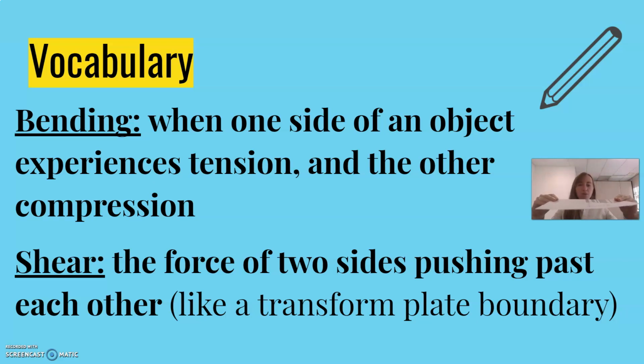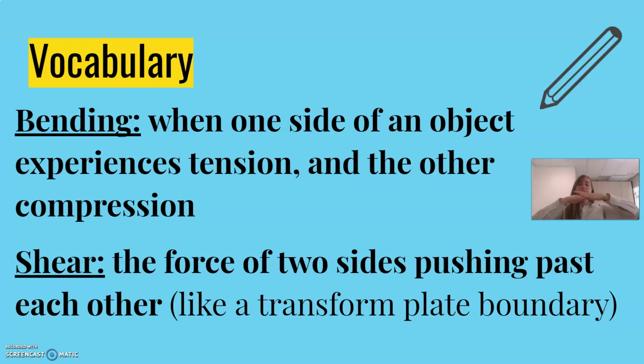If something were to come right in the middle of this between my hands, it would bend down, and that means that the top side up here is experiencing compression, and the bottom side is getting stretched out. And eventually, if this were a board, if there was enough bending, those 2 forces would cause that board to snap. And then shear is the force of 2 sides pushing past each other.